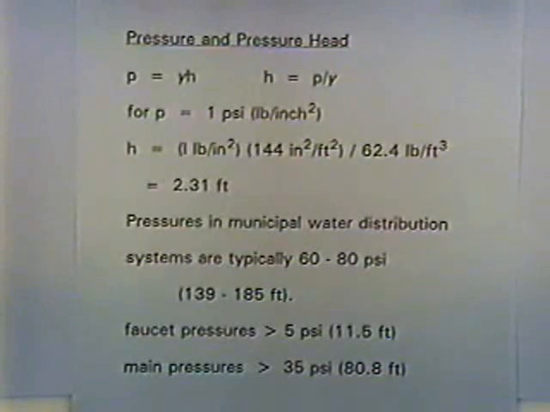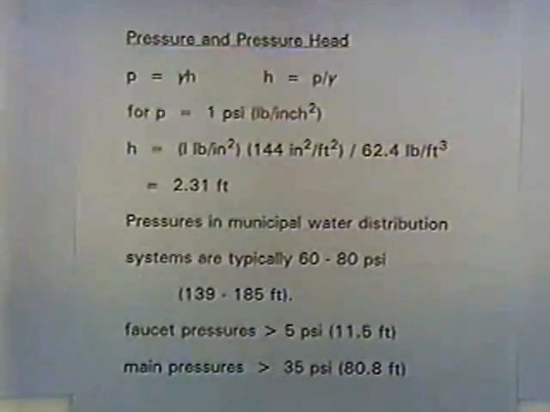Faucet pressures in your house, they're usually maintained above 5 psi, and so if you hooked up your garden hose to your faucet outside and climbed up on the roof and saw how high the water rose in the garden hose, the garden hose would be a piezometer, and it would show you how high the water would rise.